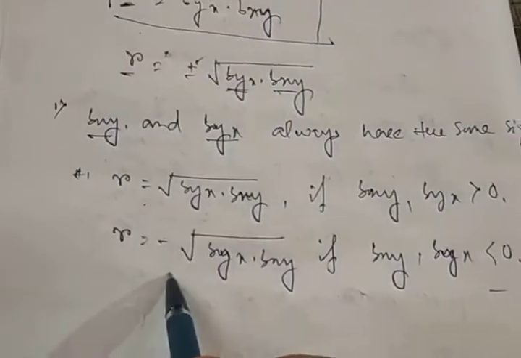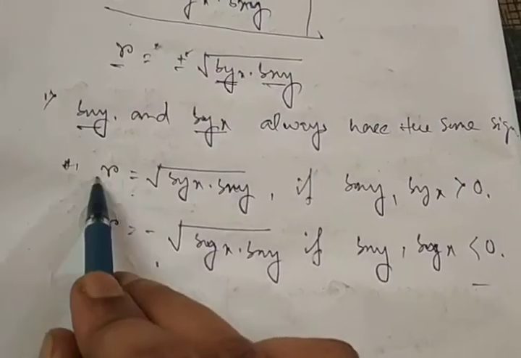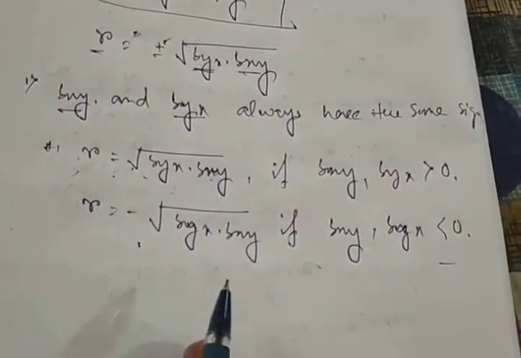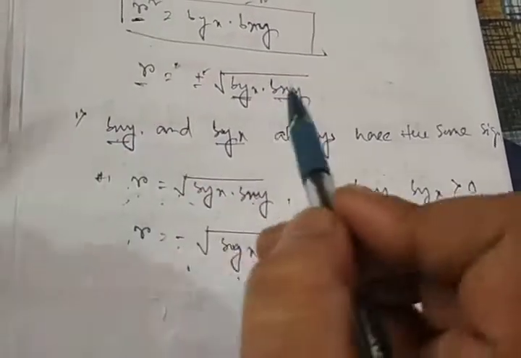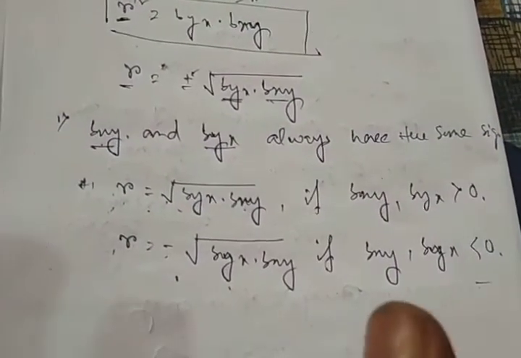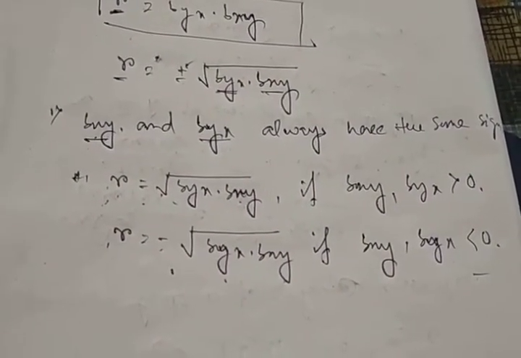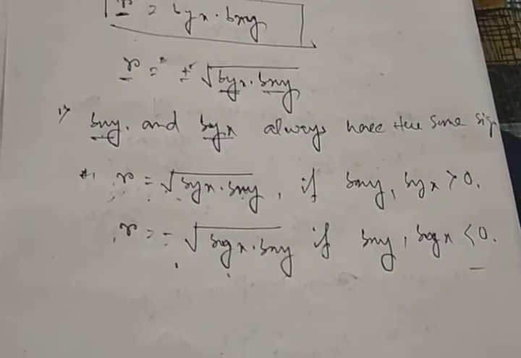So we have to remember these two. r will take the positive value if the two regression coefficients are positive, and the negative value if they are negative. That is, r, bxy, byx always have the same sign. So these are the properties and formulas we can use to calculate some problems.